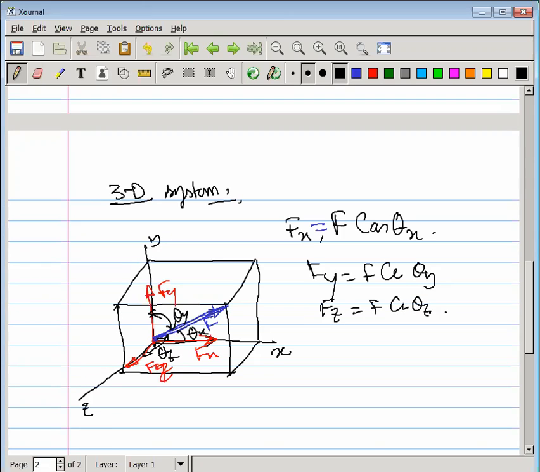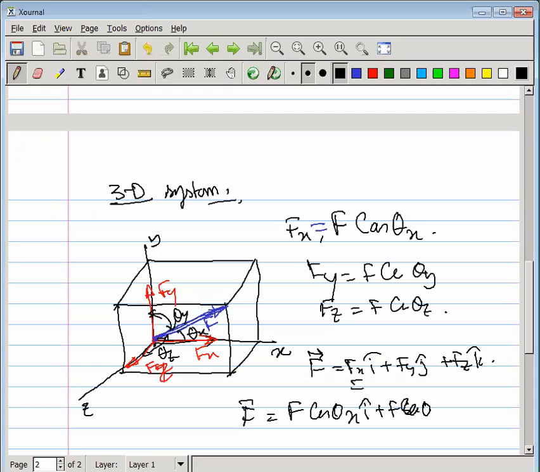Okay, and in a 3D system similar to the 2D system, the resultant force vector is nothing but Fx i plus Fy j plus Fz k. These are the unit vectors, and instead of Fx, we can put F cos theta x of i plus F cos theta y of j plus F cos theta z of k. Clear? So what can we get?